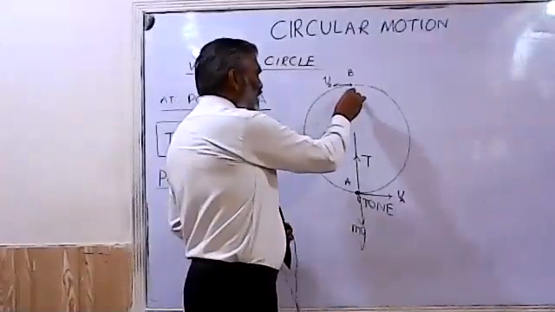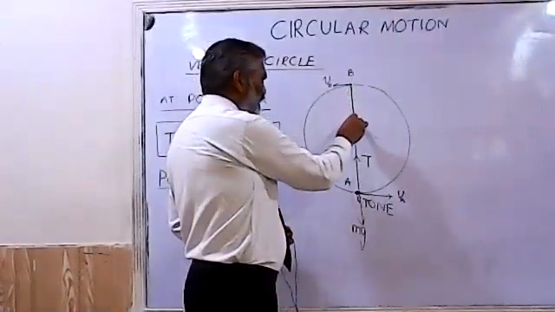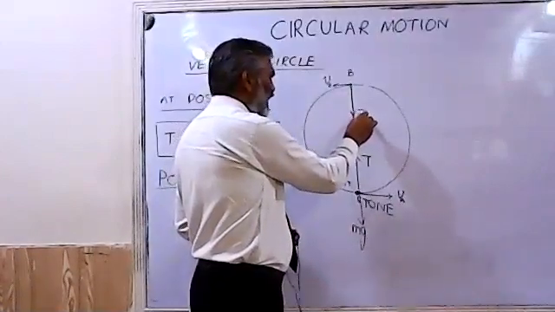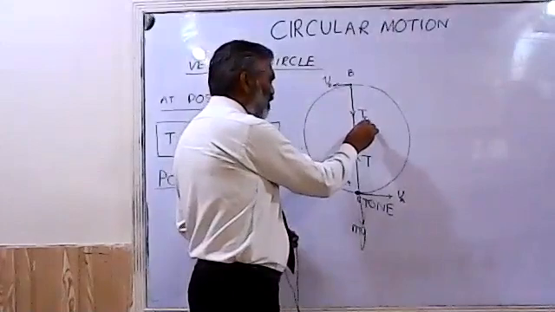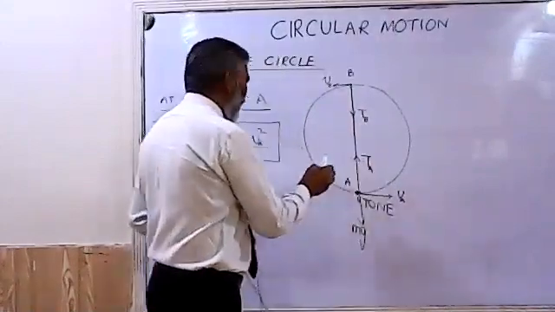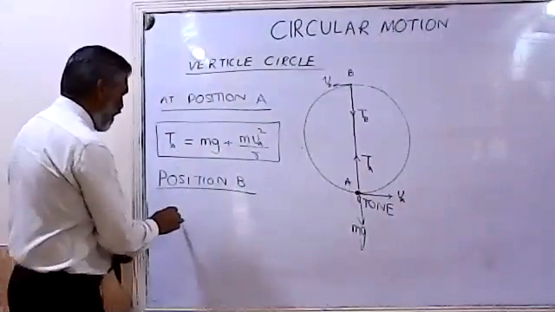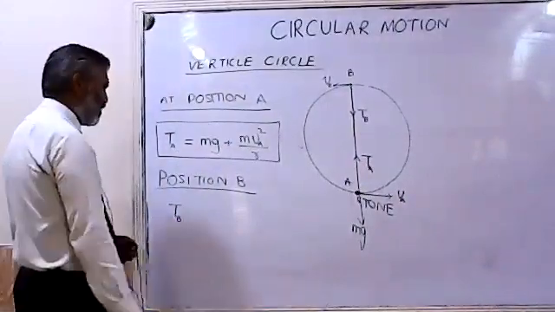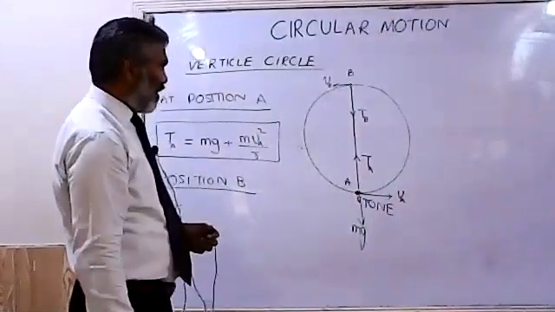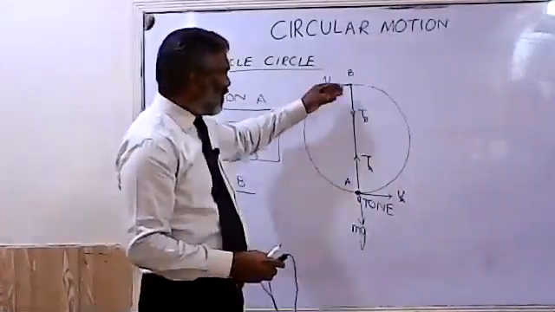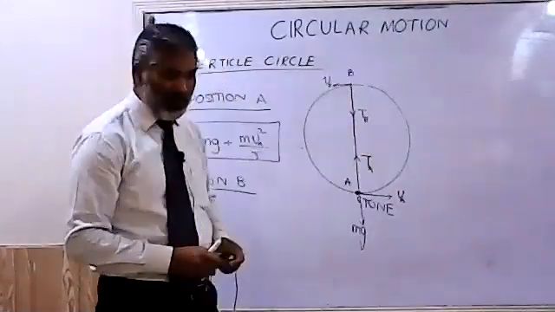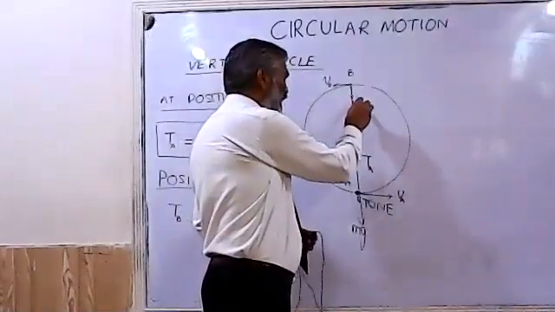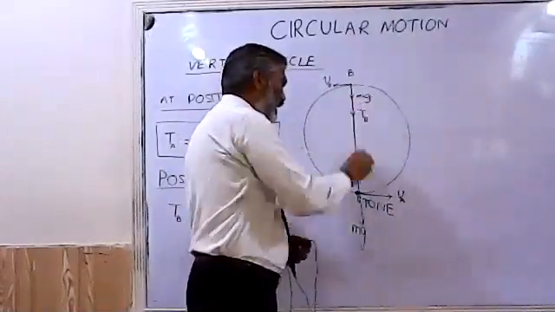So tension in this case, if I show the tension towards the center again, this is TB now. This was TA, and now the tension in the string is TB. But it is not the tension alone which is vertically downward at this position. The weight is also acting downwards, this time like this.